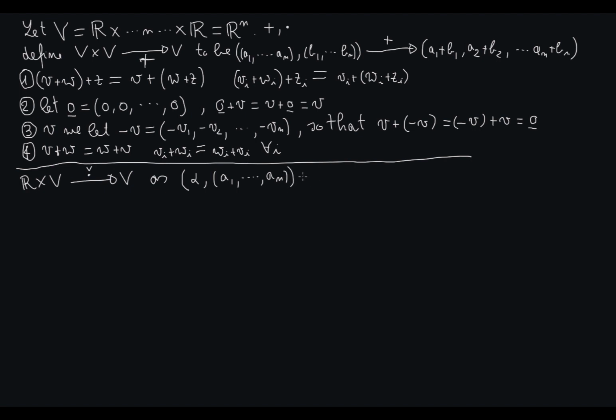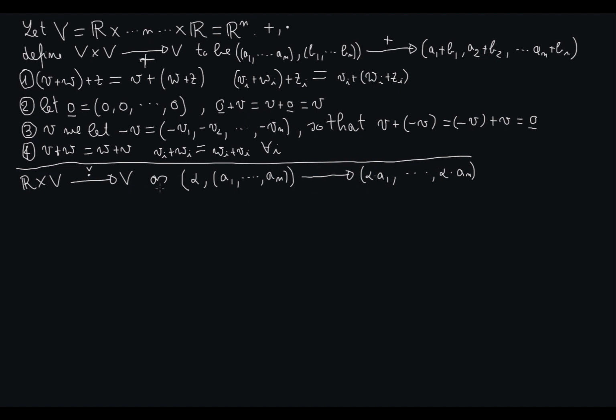We'll be sending this element to the following n-tuple inside V, alpha times a1, and so on, alpha times an, where the product here is inside R.